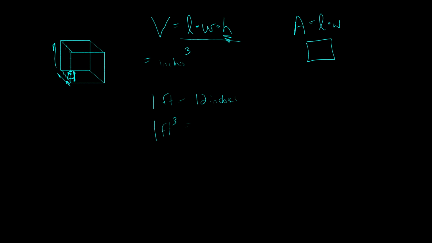And so that's going to be 12 times 12 times 12 inches cubed, or 1 cubic foot is 1,728 cubic inches. And you'll sometimes hear people say cubic inches and cubic feet as a way of describing these.